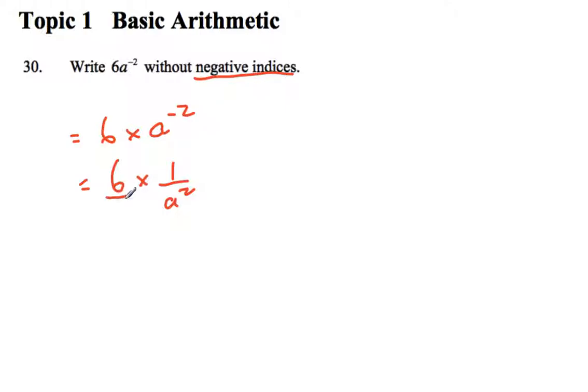We could also put that over 1 to help our brain a little bit. And when we multiply across the top and across the bottom we have a 6 on the top over an a squared. That reflects the fact that 6 is a normal 6 over 1, and it didn't get affected by that negative indice because there weren't any brackets around it. So that 6 is separate. So we end up with 6 over a squared there.